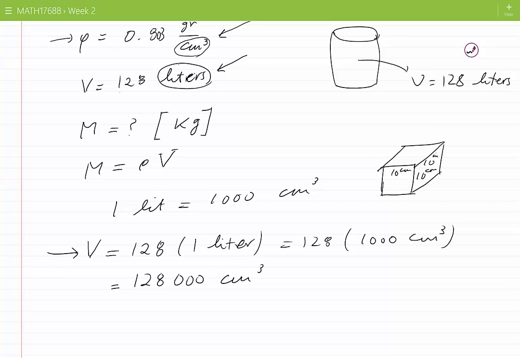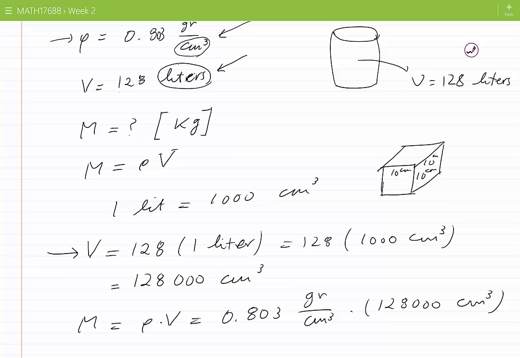Therefore I can say that mass is equal to rho times v, which would be 0.803 grams per centimeter cubed times 128,000 centimeters cubed.